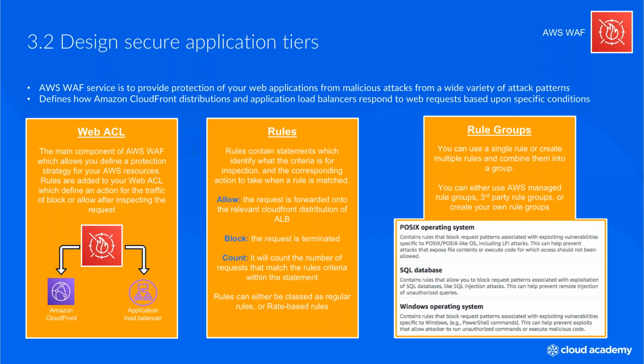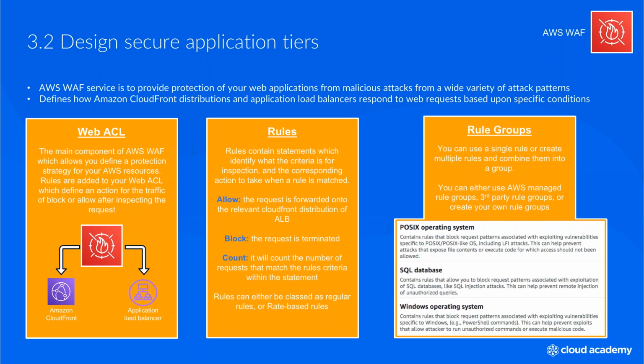It's also used to identify how Amazon CloudFront distributions and, again, application load balancers respond to web requests, and this is based on specific criteria and conditions. Now, the services work together to filter both HTTP and HTTPS by distinguishing between legitimate and harmful inbound requests that will then either be allowed or blocked.